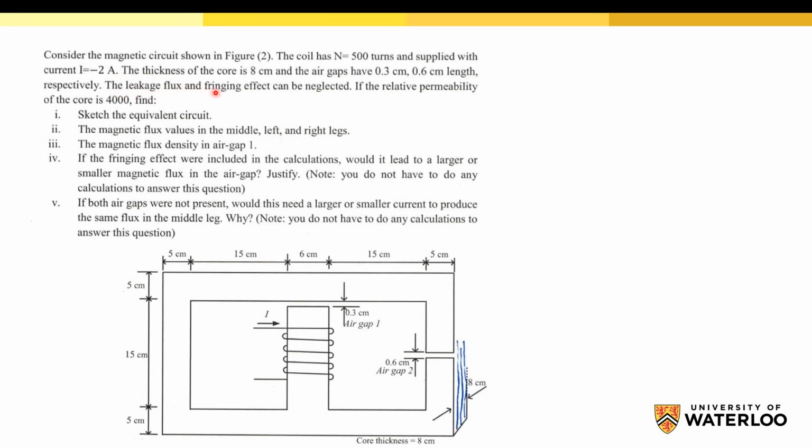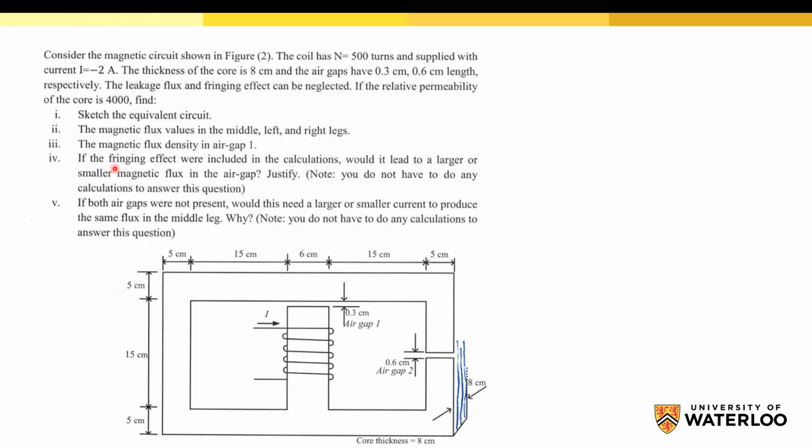The leakage flux and fringe effect can be neglected. If the relative permeability of the core is 4000, find first, sketch the equivalent circuit, then calculate the magnetic flux values in the middle, left and right legs, then calculate the magnetic flux density in air gap number 1, which is this air gap.